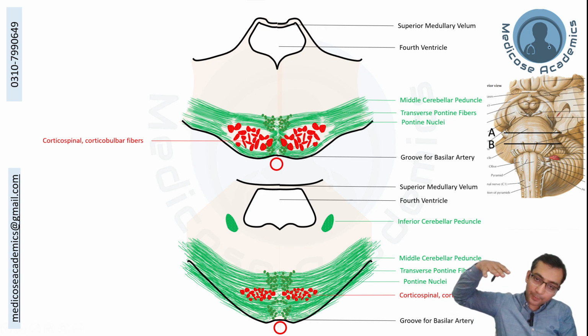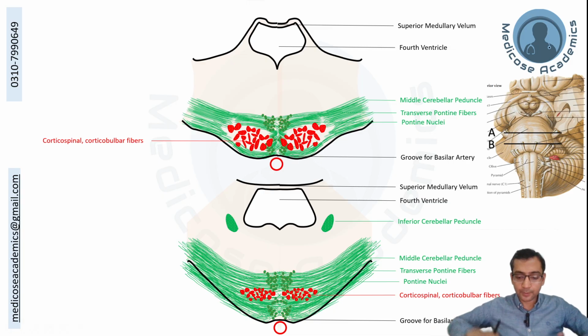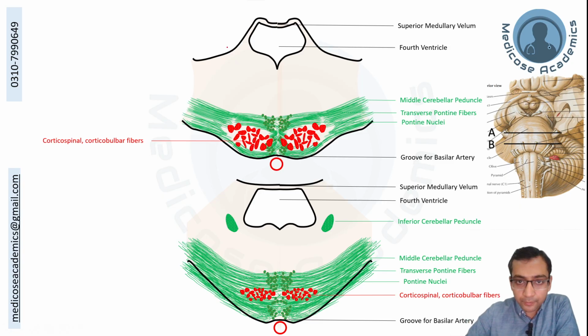The superior cerebellar peduncles come down and join the cerebellum. The middle cerebellar peduncle goes like this to the cerebellum. From below, the inferior peduncles go up and join the cerebellum. At the level of the pons, you can actually see both inferior and superior cerebellar peduncles.